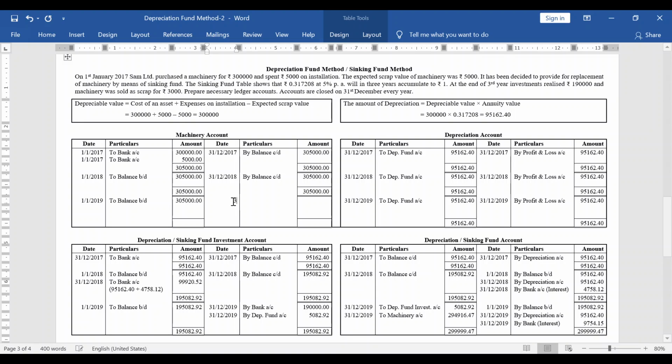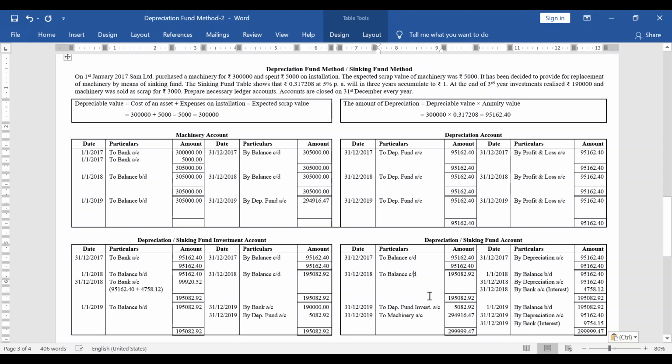So when the same transaction is recorded in the machinery account on 2019, it is by depreciation fund account and the amount is 2,94,916.47.